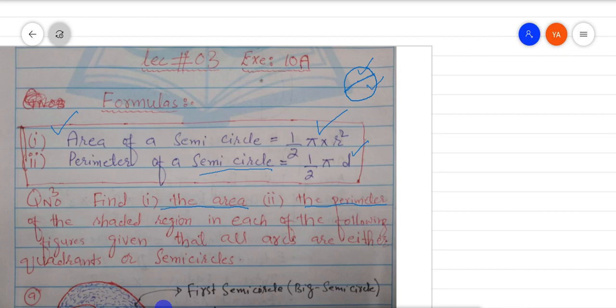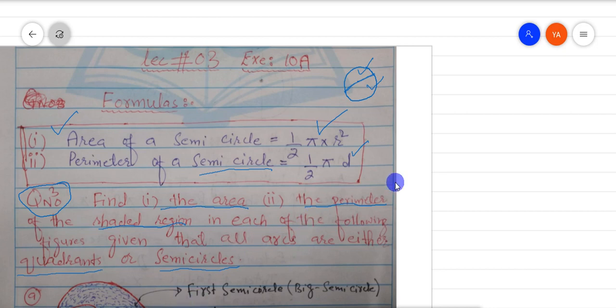So the question is: find the area and the perimeter of the shaded region in each of the following figures, where the arcs are either quadrants or semicircles. Quadrant means the fourth part of a circle, and semicircle means half of a circle.